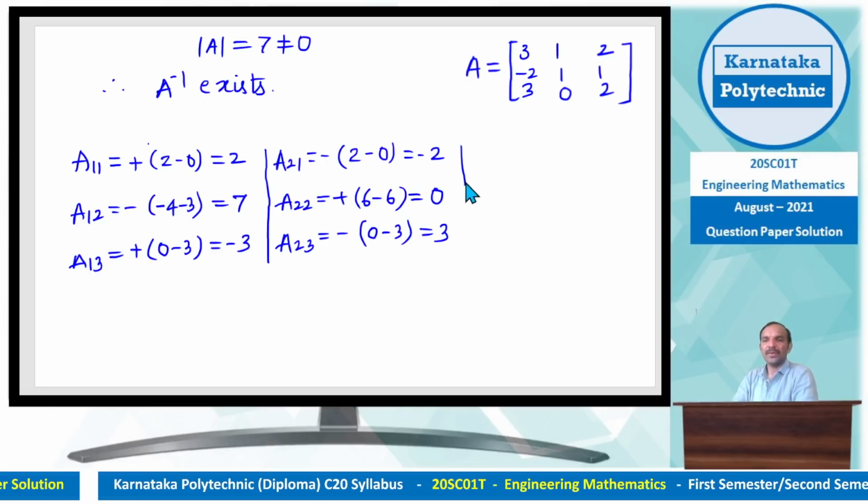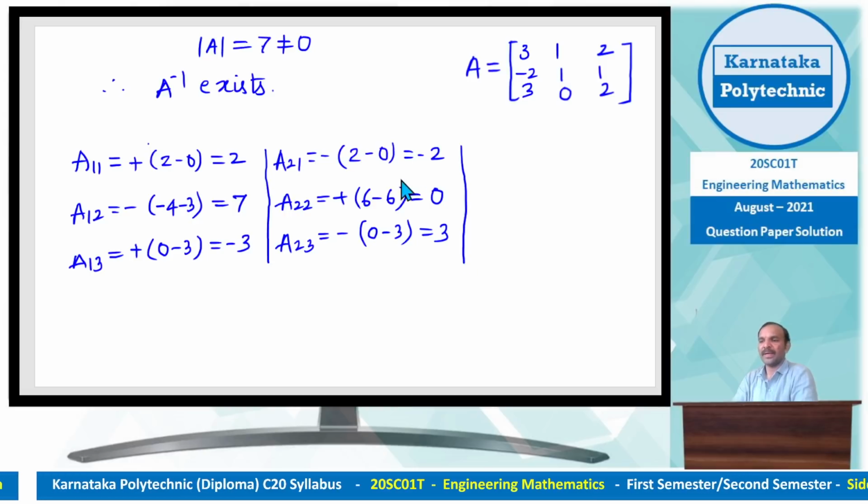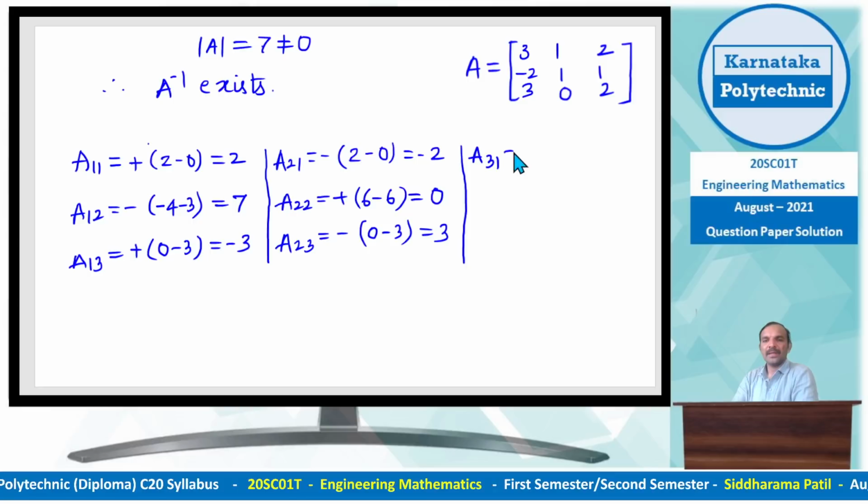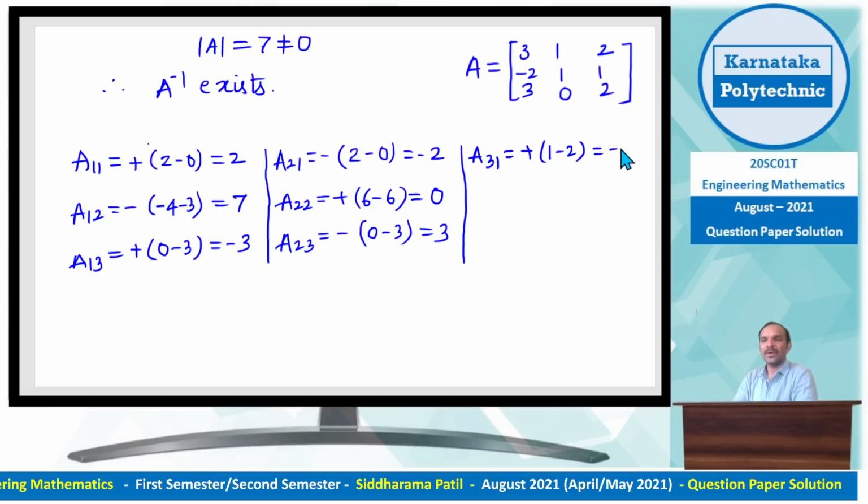Now, coming to third row elements. A31 plus, delete third row first column: 1 into 1, 1 into 2, 1 minus 2, that is equal to minus 1.